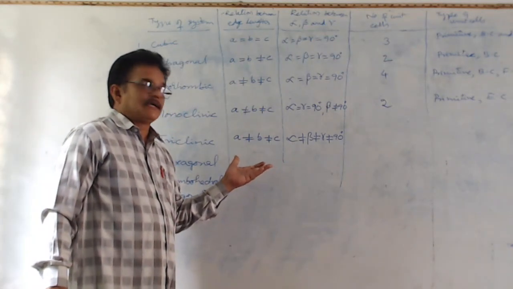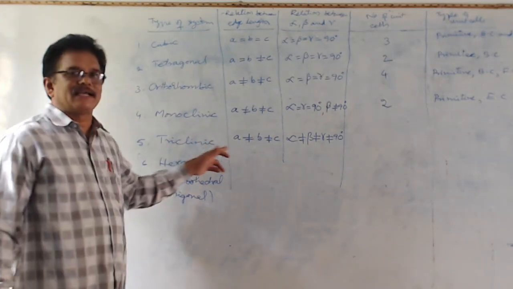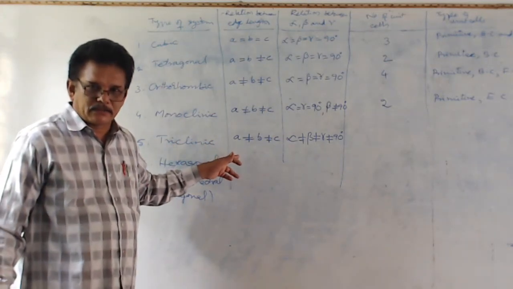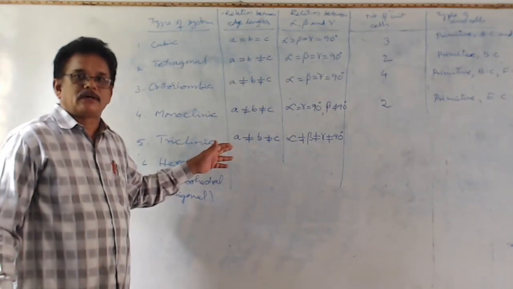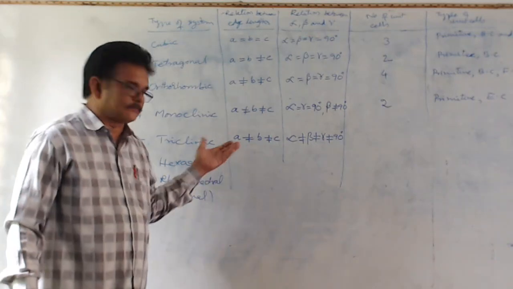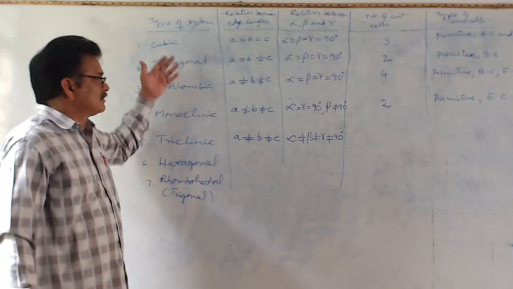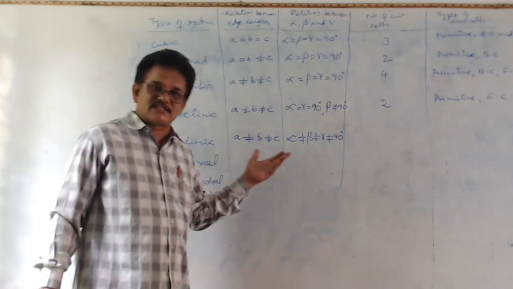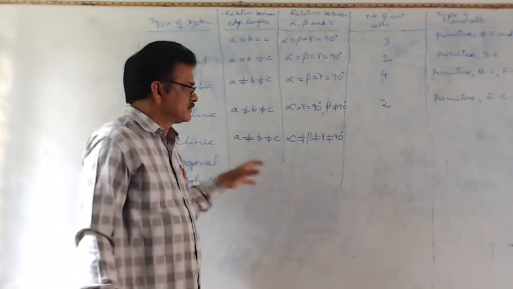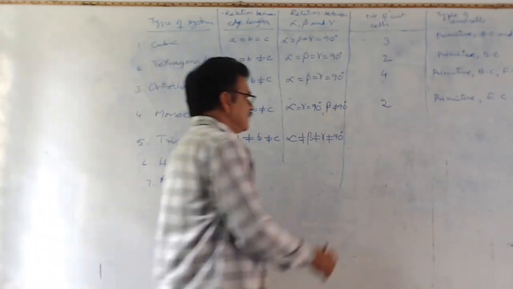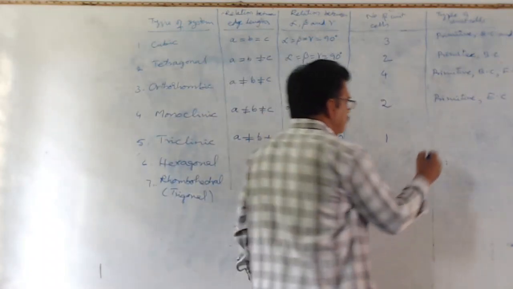Among all these systems, the most unstable system is the triclinic system. This is an important point in MHT-CET, IIT JEE or NEET. The most unstable system among the 7 systems is the triclinic system, because all the edge lengths are different and all the interfacial angles are also different. We find only one unit cell in such a system, which is the primitive unit cell.